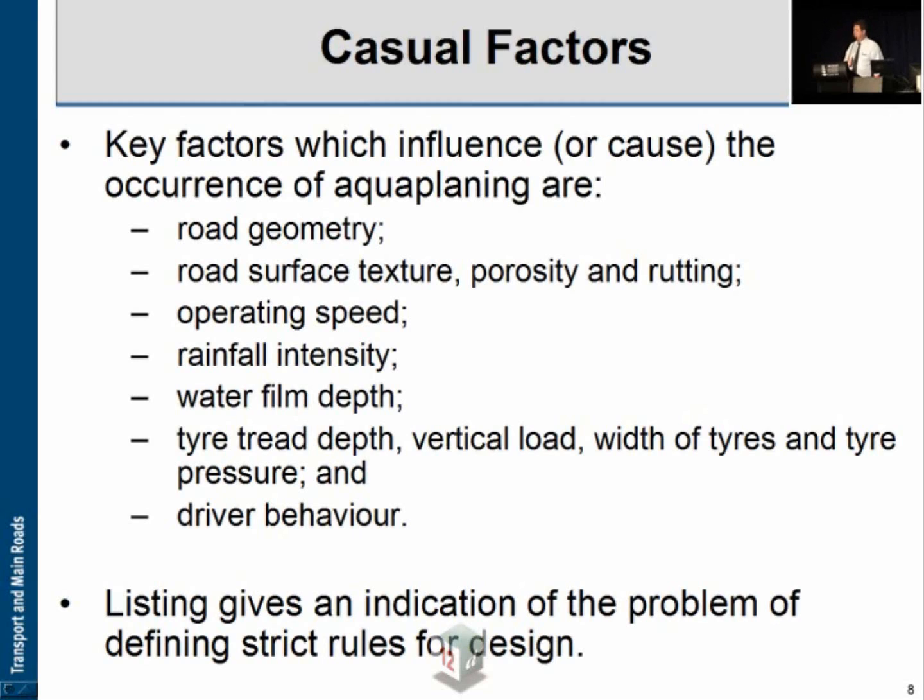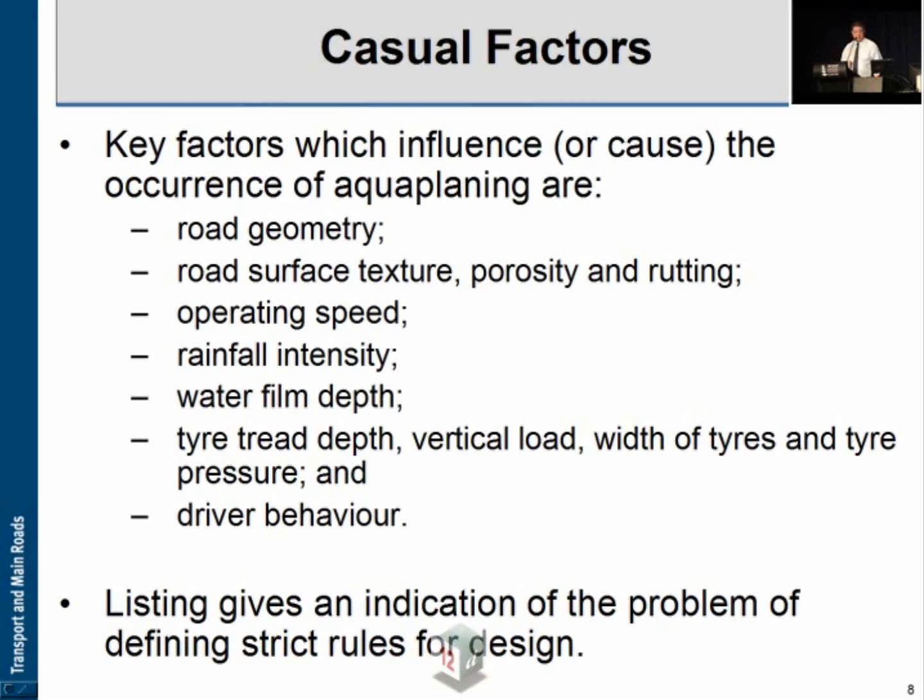That's why trucks don't aquaplane as often. They've got heavier loads on their tyres. Tyre pressure is also important. And driver behaviour. It's surprising the number of drivers that don't actually understand or identify that there's a film of water on the road. As long as they can see, they keep their speed up, and that's where some of the problems come in.